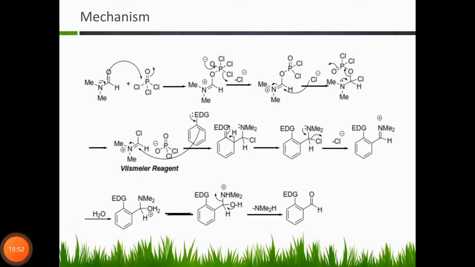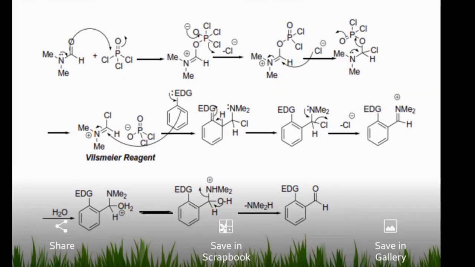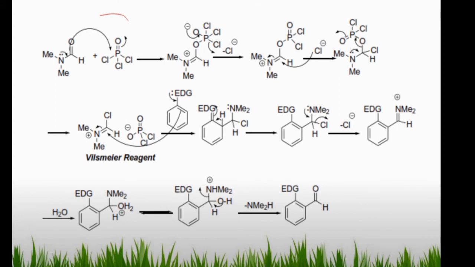Let's see the mechanism. Here in the first step, the amide reacts with the POCl3, which takes off the amide oxygen atom and replaces it with chlorine. This process would be very unfavorable, but for the formation of a strong P=O bond, it is okay.